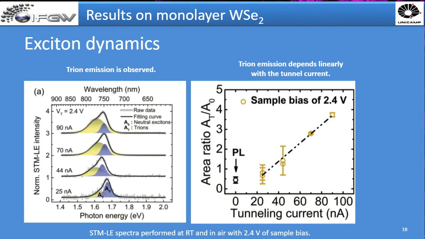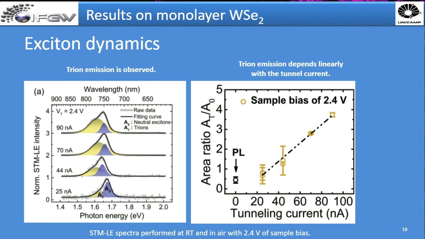But if we're injecting only one carrier and we are injecting a lot of it, and that's the point of increasing the current here, up to significantly very high currents, we see that the trion emission starts to dominate, which means that we are injecting one electron, and before it even finds a hole, or just after it finds a hole, we are injecting another electron, and that forms a trion, because there is an insufficient amount of holes to recombine with the amount of electrons that we are injecting.